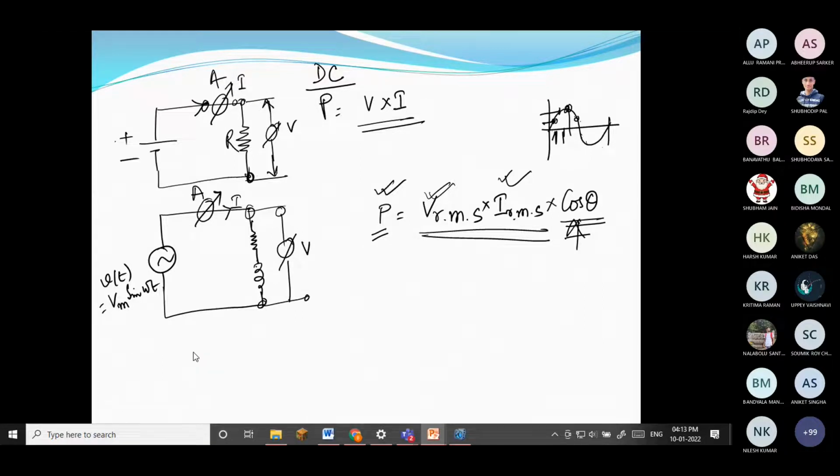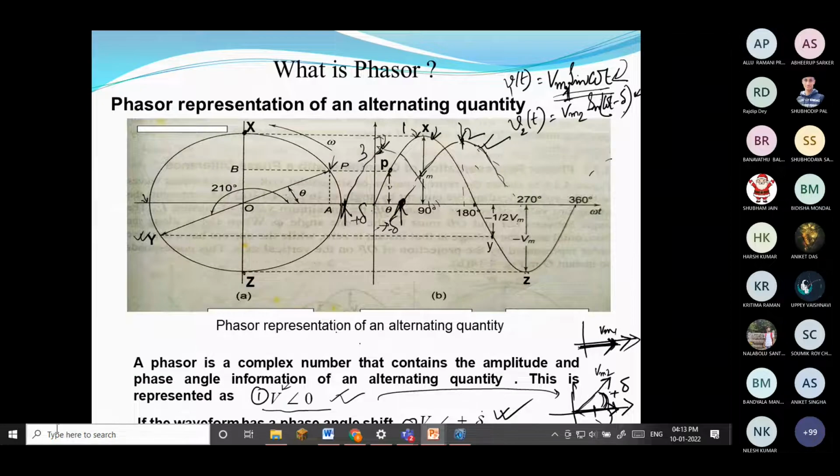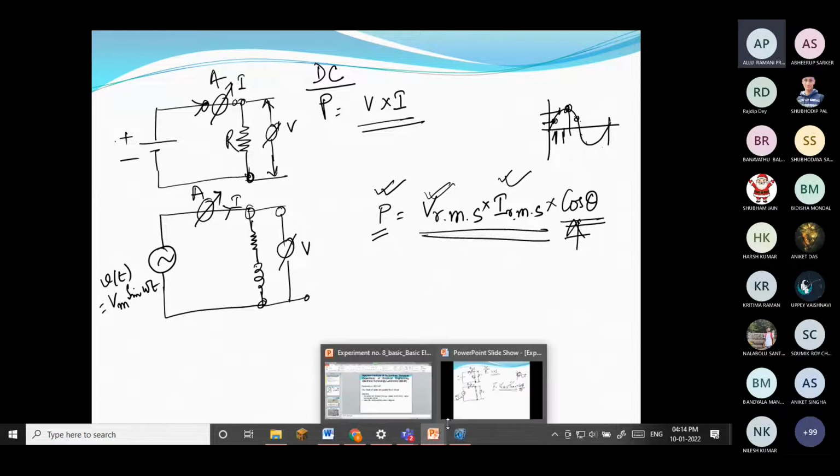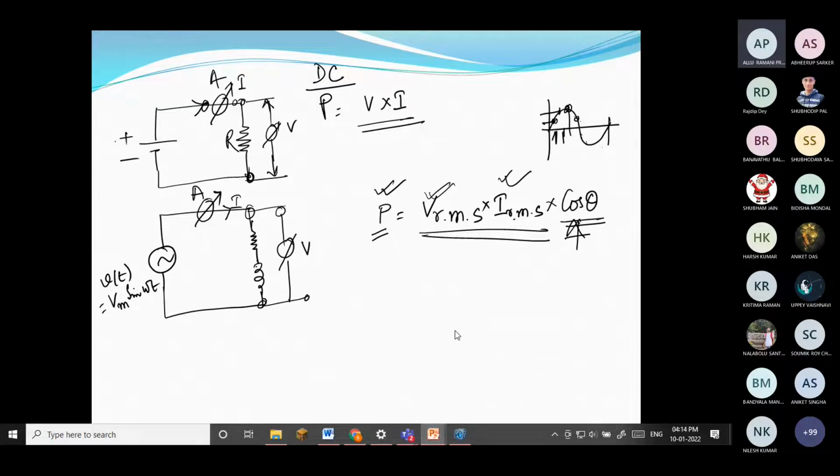Then by multiplying these, we will be able to measure this power in case of a DC circuit, right?